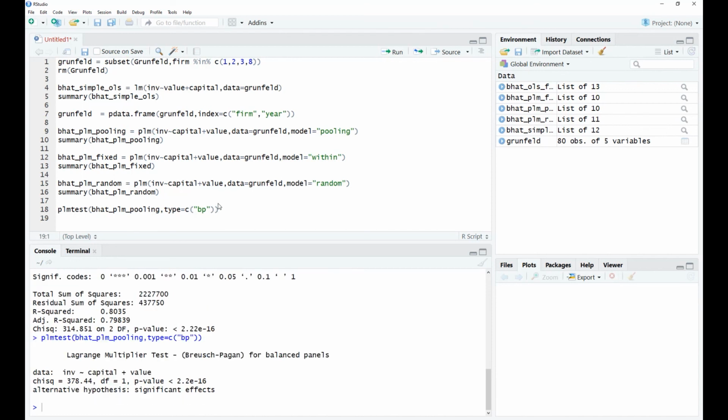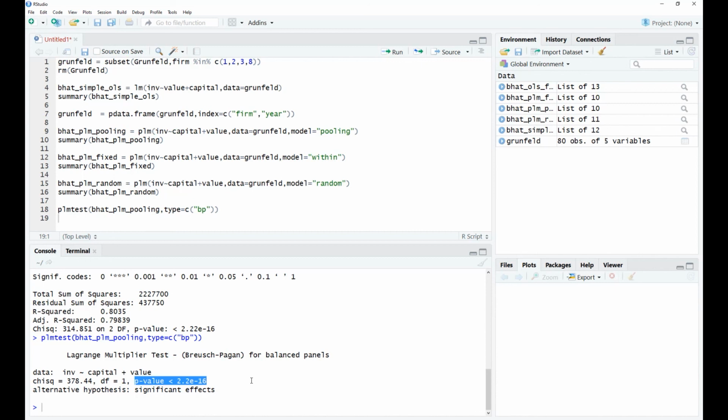Now, what this test tells us, based on the null hypothesis of no panel effects, that is, the OLS model is better than the random effects model, is that the p-value is below any threshold that we could conceivably come up with. And hence, we reject the null hypothesis that the OLS model is better.